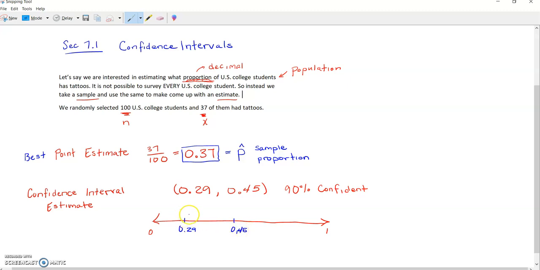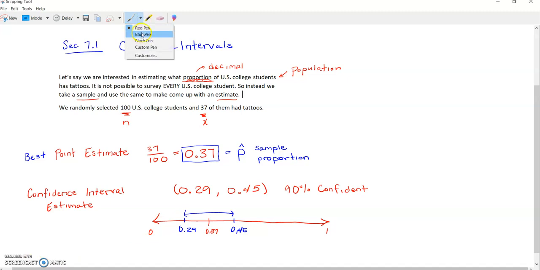So we're saying we think the proportion is somewhere between here and here. And what you'll notice is that 0.37, our sample, is smack in the middle of that. So we're literally giving a range surrounding our sample because we don't know if our sample may have been too high or too low. We don't know, so we give a range surrounding that.